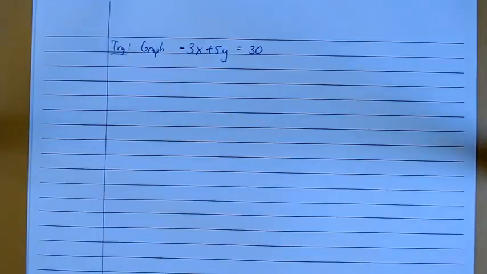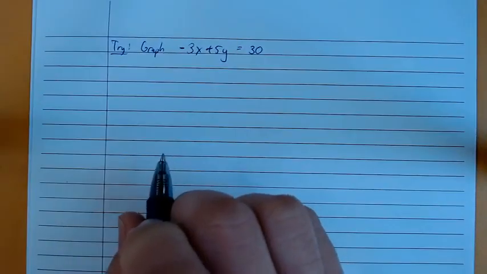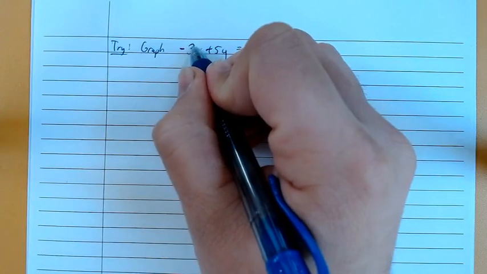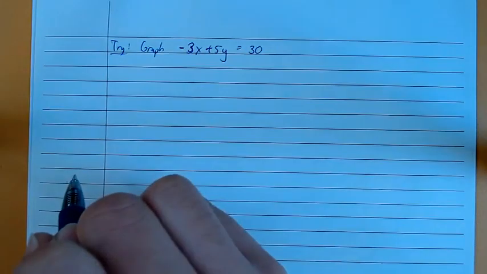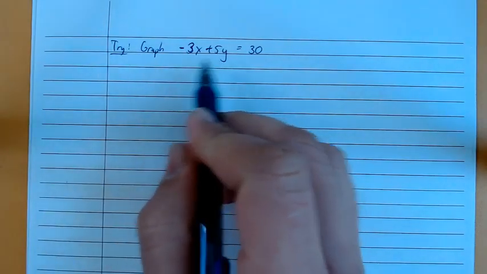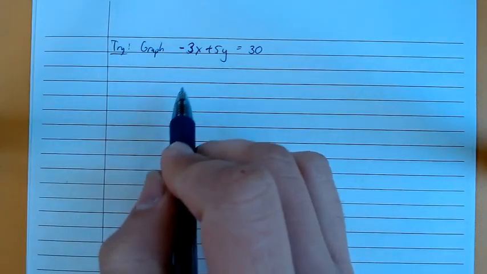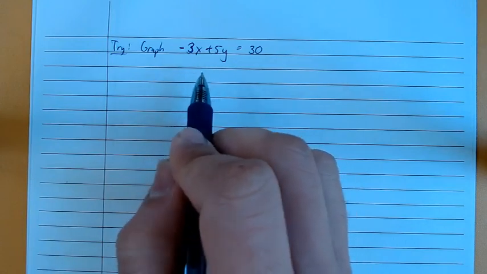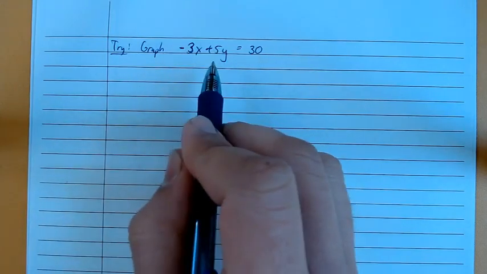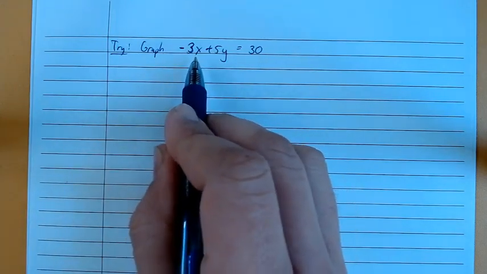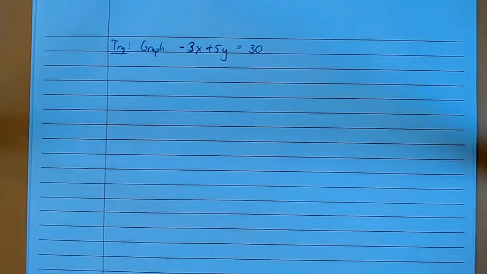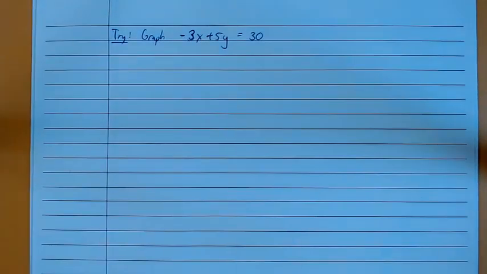You're going to find at least 2 solutions. If you want to find more, you can, but only 2 are really necessary. Then graph. Keep in mind, you can substitute any numbers you like, but you probably want to keep things simple by using small, simple numbers, such as 0, 1, 2, negative 1. So go ahead and pause the video, give that a try, and once you have your graph, you can unpause and we'll confirm that together.